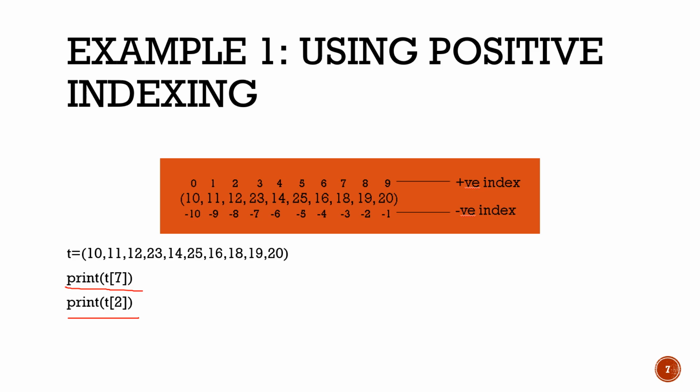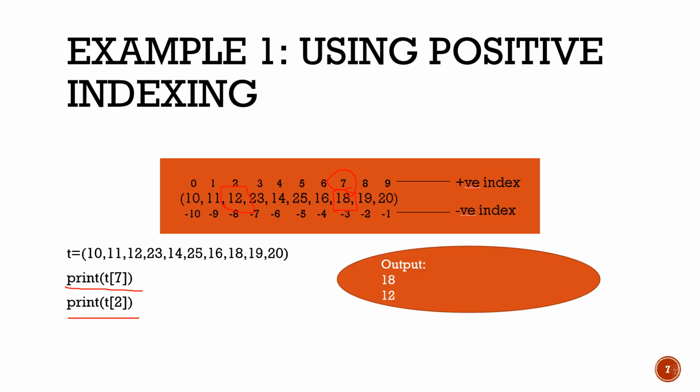Look here, 7 and 2 are positive numbers. So you have to check where the 7th position is. Here is the 7th position. So the answer for the first line is the element at the 7th position, that is 18. And next I want to retrieve the element at the 2nd position. Look here, at the 2nd position the number 12 is present. So what is the output of this code? 18 and 12.